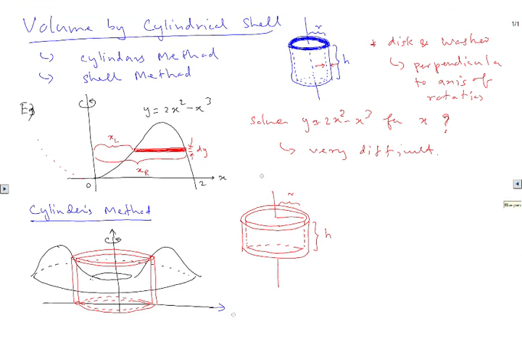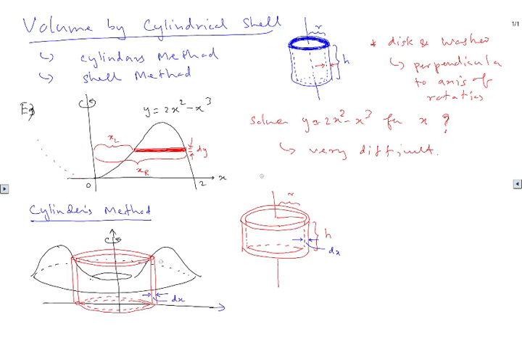That means this gap, this thickness, is dx, because that's in the x direction. The thickness is dx if we rotate about the y-axis.